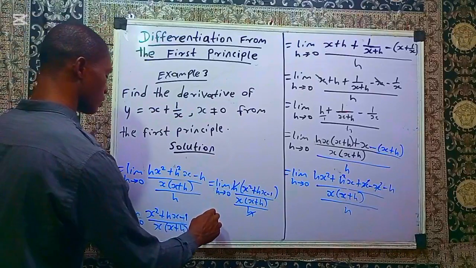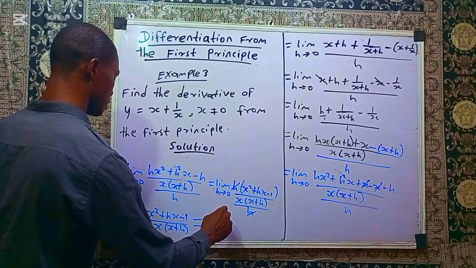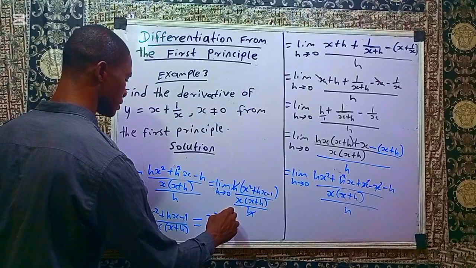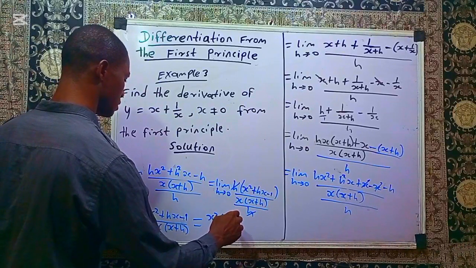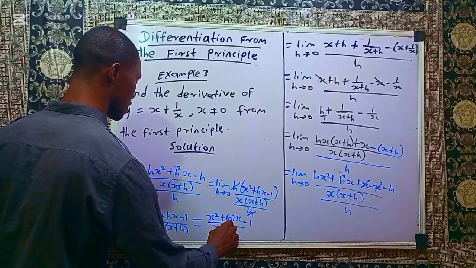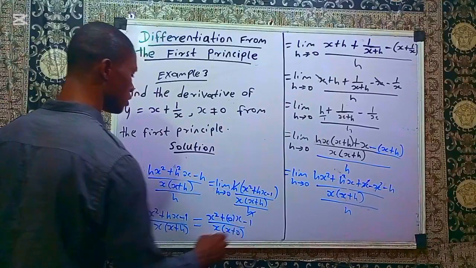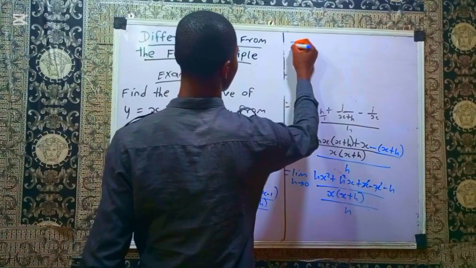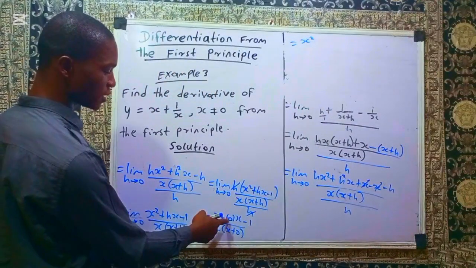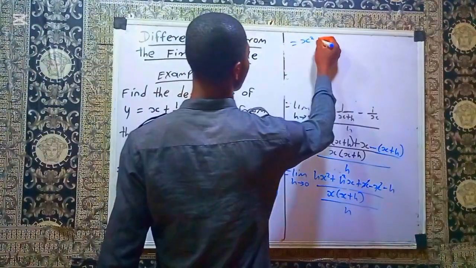So you have x squared plus, instead of hx, it will be 0 times x. Then minus 1, all divided by x, open bracket, x plus 0. So this will be equal to x squared, because what is remaining here will be x squared, and 0 times x is 0.